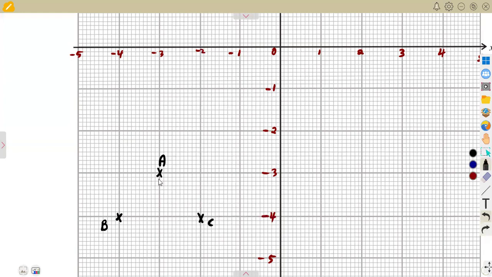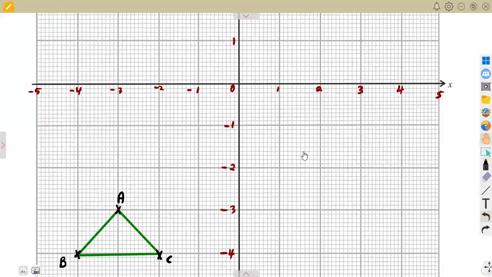That's your point C. With this, we are going to draw our triangle just like the previous case, from A to B, then from B to C, then also from A to C. That's your triangle ABC.